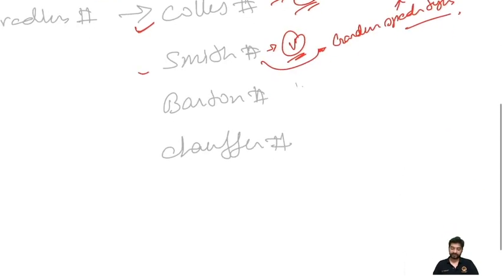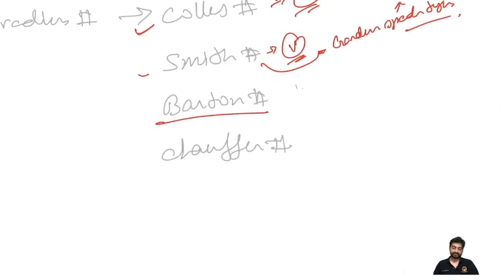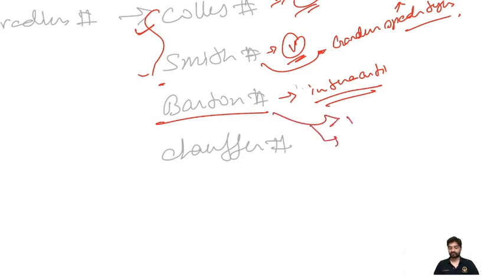If you talk about Barton fracture, what do you mean by Barton? Barton means an intra-articular fracture. So these two types of fracture are extra-articular, whereas Barton is intra-articular, and depending on whether the fracture line exits dorsally or volarly, it is known as a dorsal Barton fracture or a volar Barton fracture.